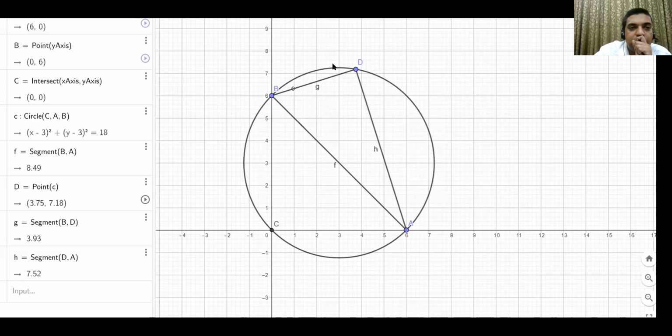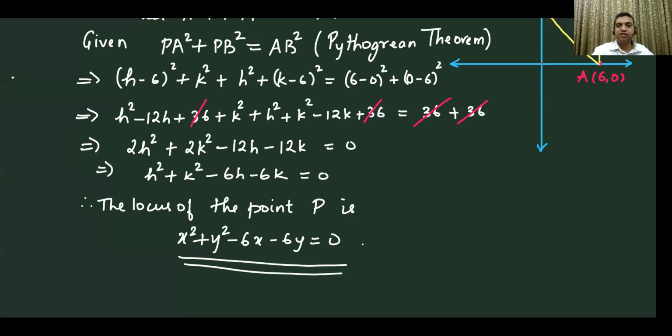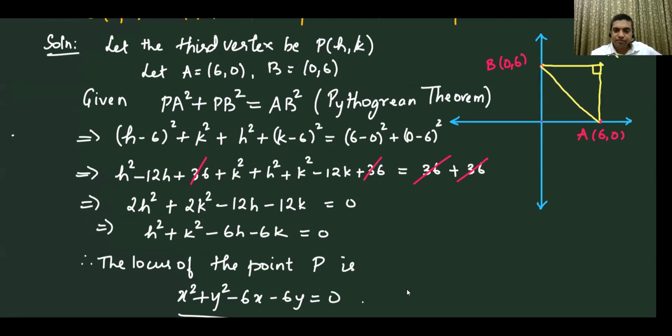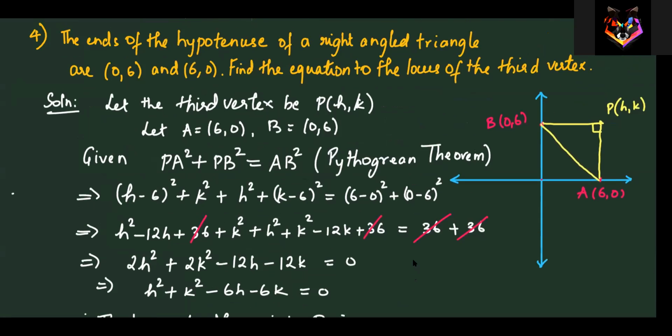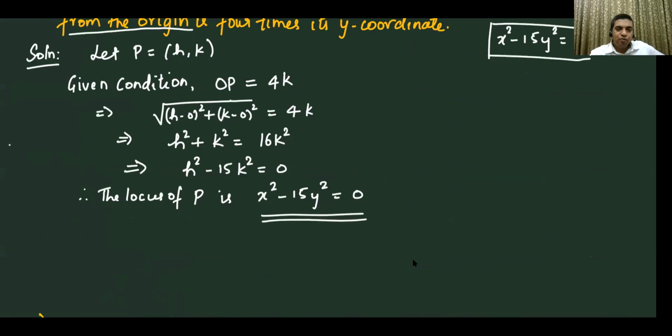I'm not able to mark it here, but this particular angle always will be 90 degrees. So this will be a moving point, and no matter where it is on the circle, always A and B will subtend 90 degrees. So this equation is a circle equation. What we found here is the equation of a circle.